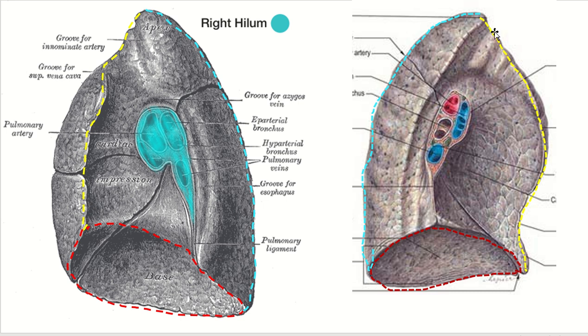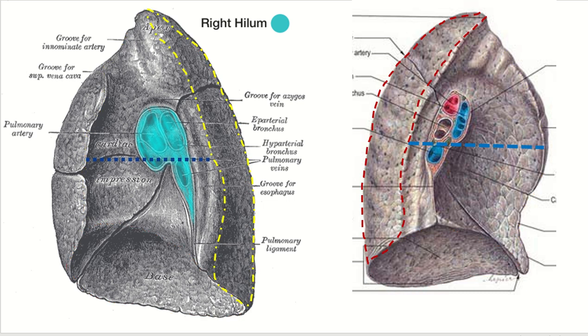In the left side, the anterior border presents a notch. This is lingula, and this is the left base of the lung. Mediastinal surface, vertebral surface.